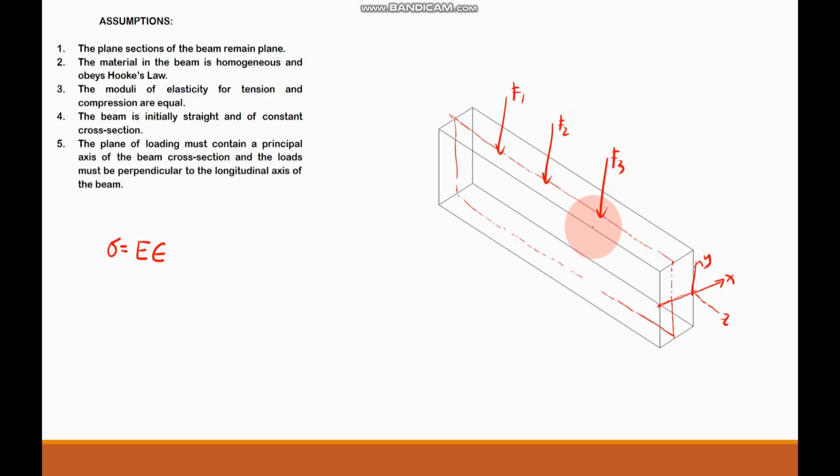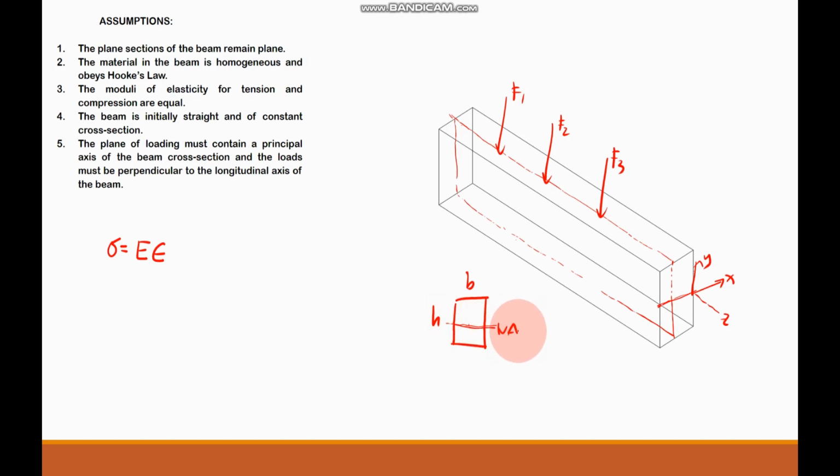So, ito yung ating neutral axis. So, kung cross-section yan, this is the width and this is the height. The neutral axis is located on the centroid of the rectangular section. So, kung ito yung centroid niya, ito naman yung magiging neutral axis niya.